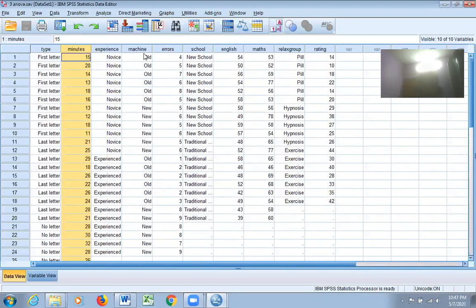And there's another independent variable called machine, whether it is an old machine or a new machine. Okay, fine. So what we are going to find out is the performance of experienced employees working on the new machine, experienced employees working on the old machine, inexperienced employees working on the old machine, and inexperienced employees working on the new machine.